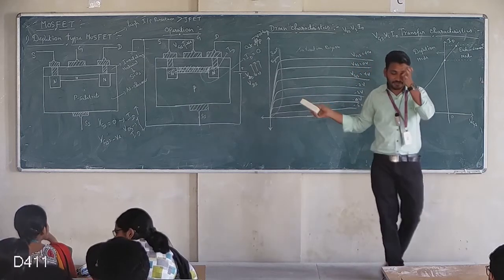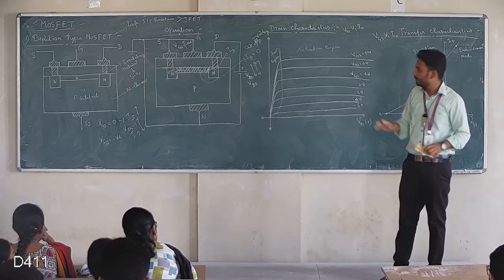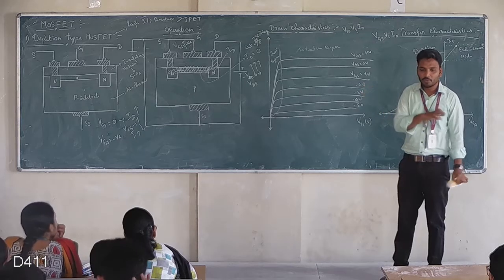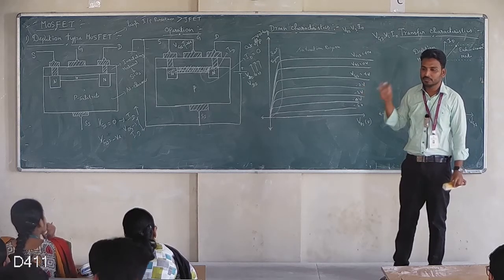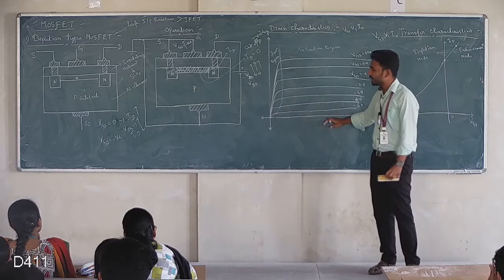That is breakdown region. Okay, totally entire depletion region gets break. So more amount of electron will flow. It will cause more amount of current. That is breakdown region. So this is the two characteristics.